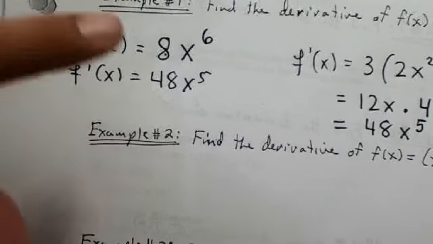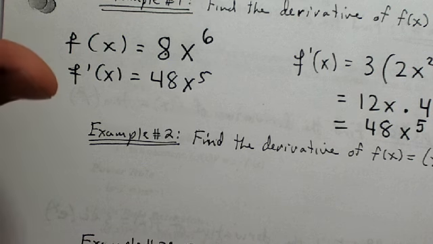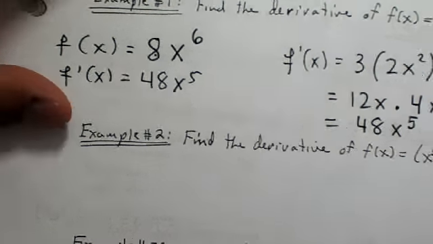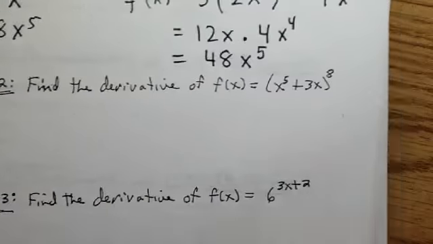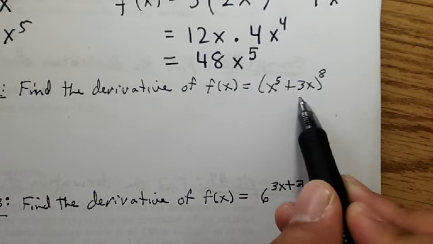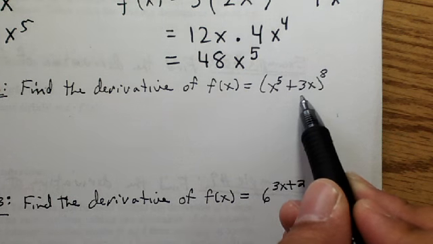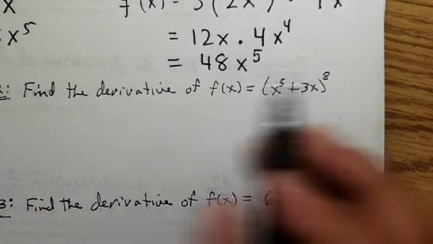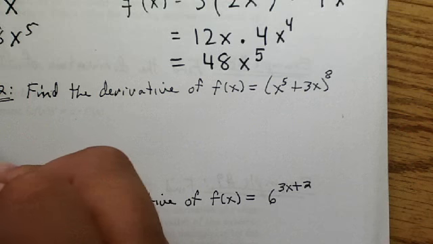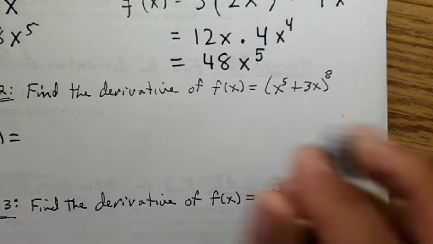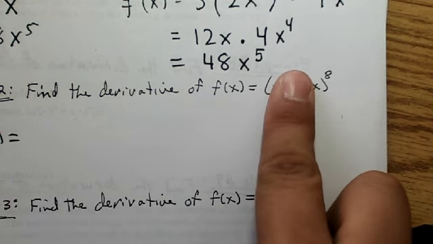But chain means when you're doing multiple parts, right? For example, look at this. This is a perfect example of the chain rule. But you're also using the power rule in the chain rule. Because you bring the 8 down, right?